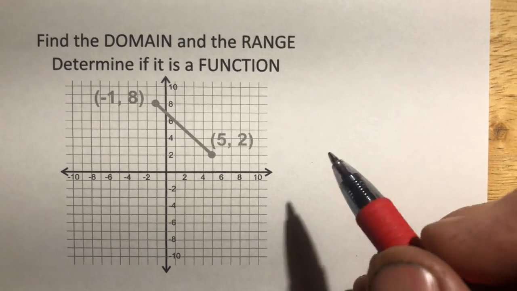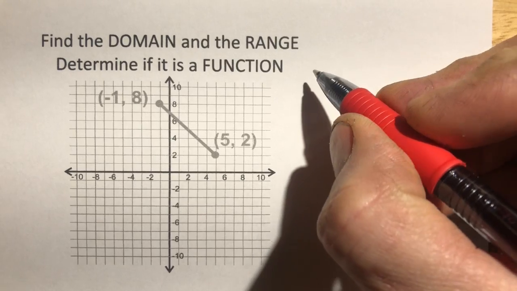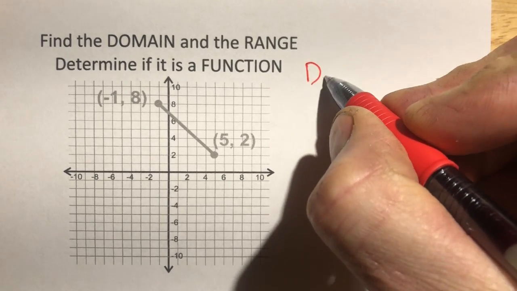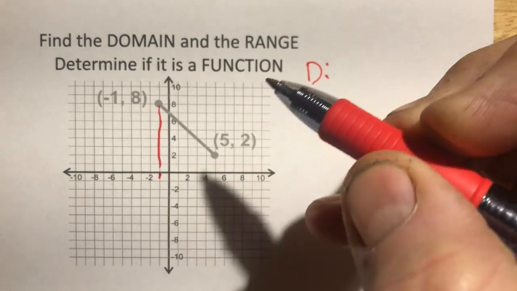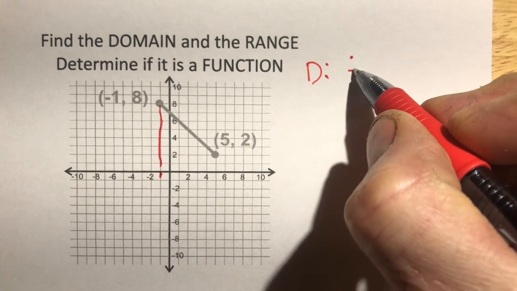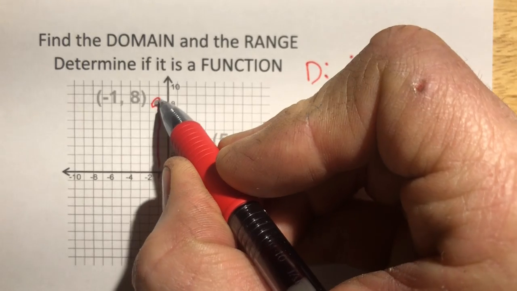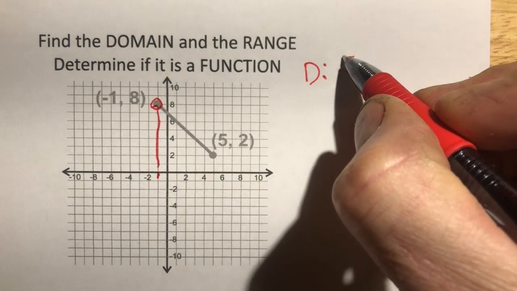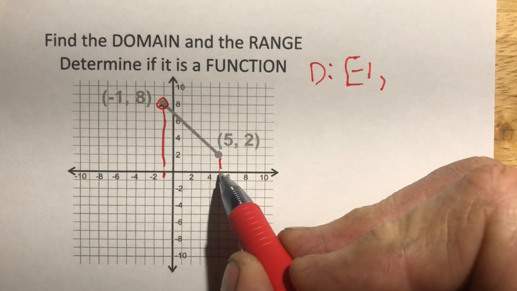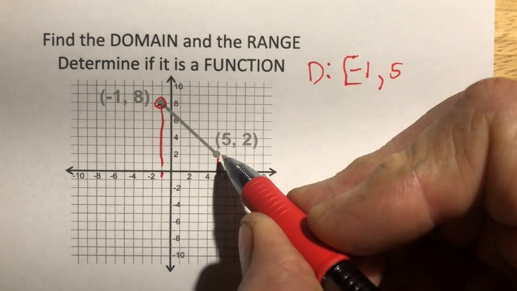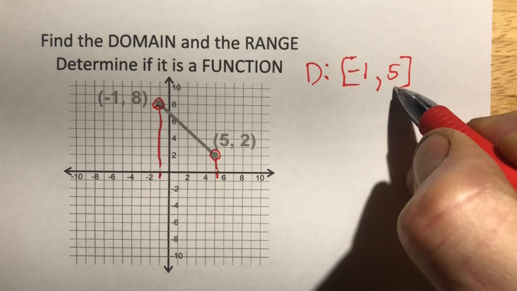The domain and range. All right, the domain is my x's. And so my domain on this, if you notice, it starts right here at -1. And see how it's colored in? That means -1 is included, so I'm going to put a bracket. It ends right here at x of 5, and it's colored in as well, so that means it's got a bracket.